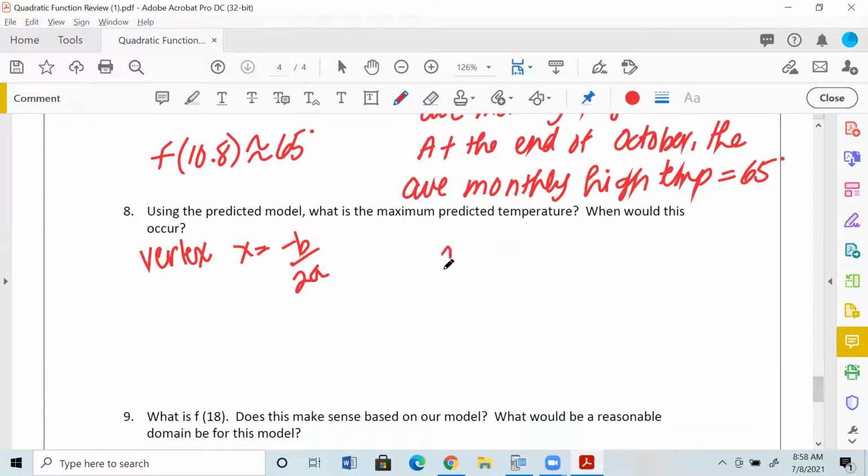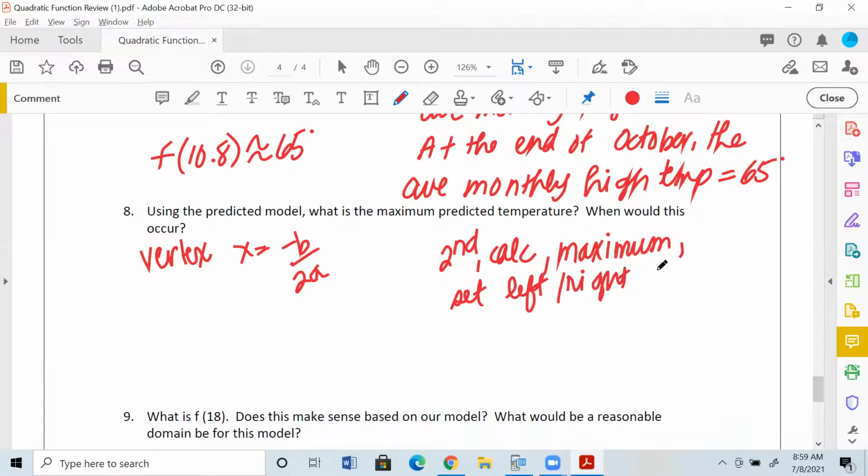So using our calculator, we said second calc, maximum. We set the left and right boundaries. And pressed enter 3 times. 3 times being 1 after the left boundary, 1 after the right boundary, and 1 after the guess.